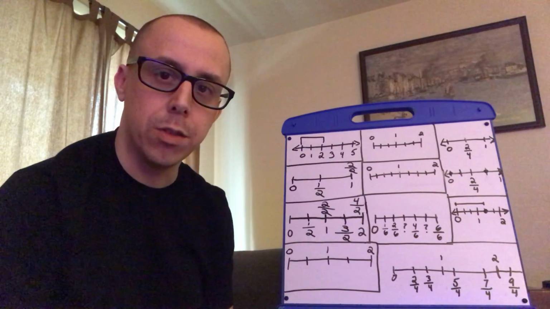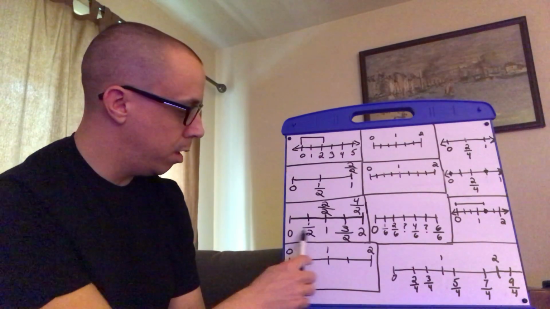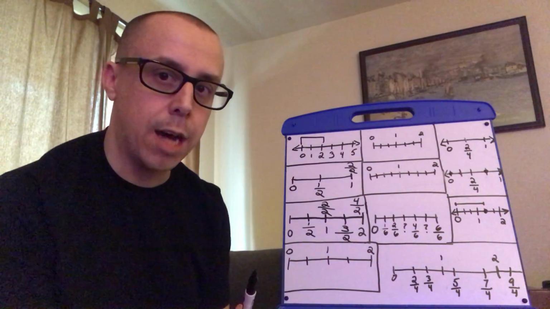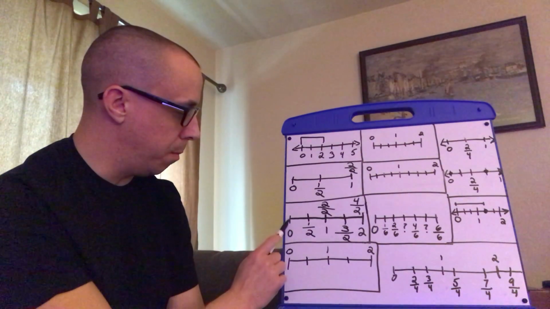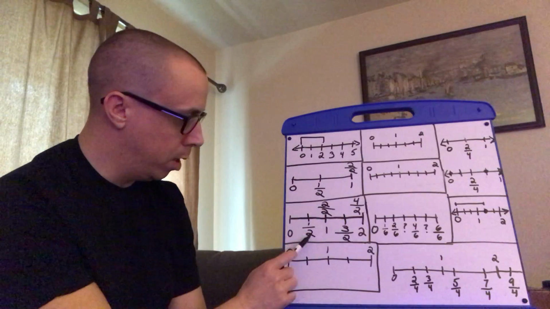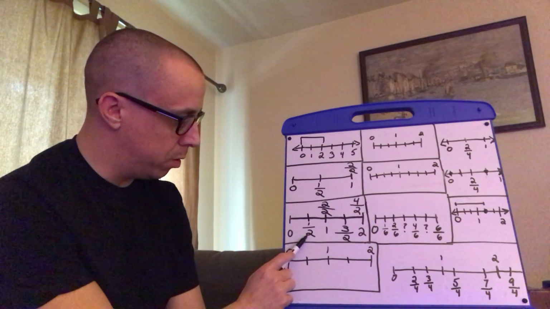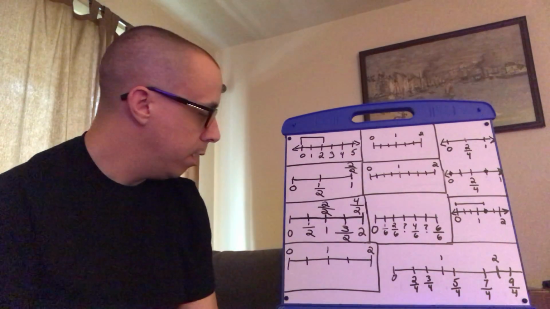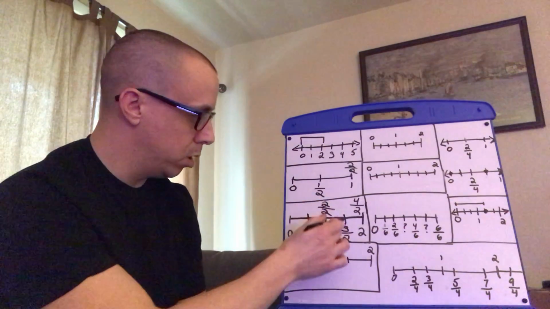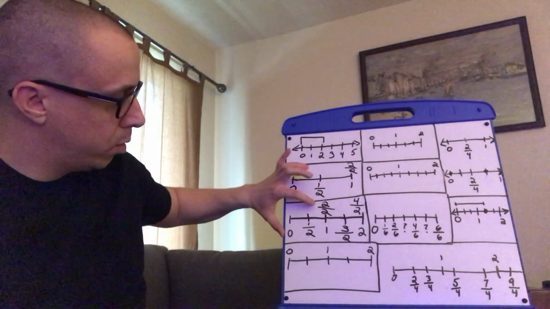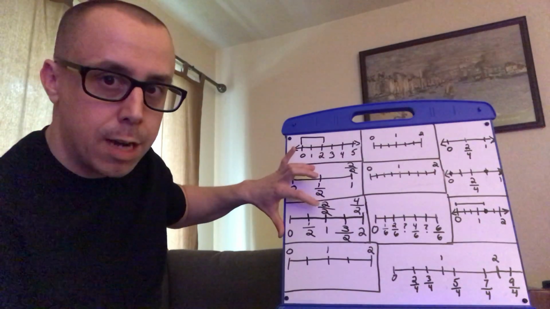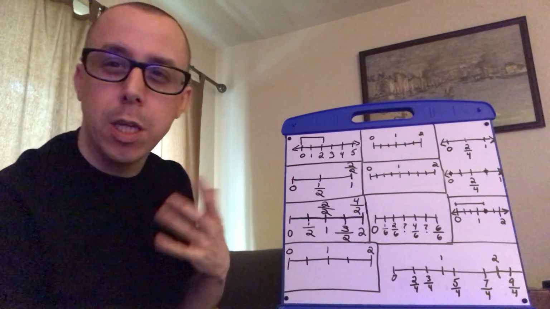So just to review this number line from 0 to 1, we determine the denominator by counting the spaces between 0 and 1. 1, 2. So we know we're dealing with halves. So we have 1/2, 2/2, 3/2, 4/2. If you notice, when the numerator and denominator are the same, like 2/2, it equals 1.